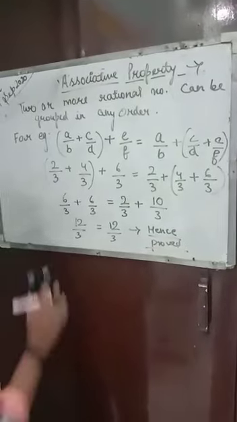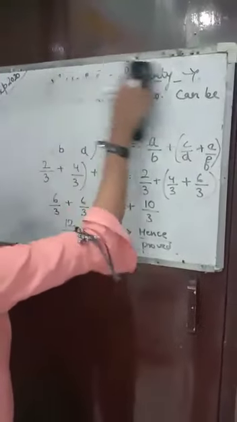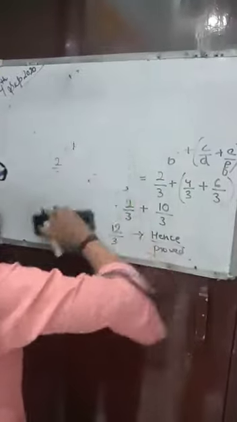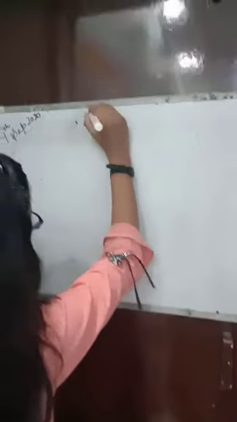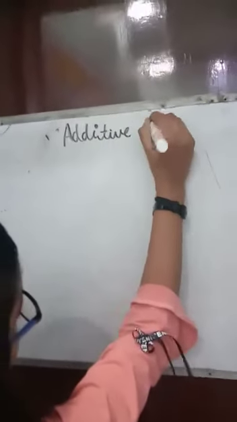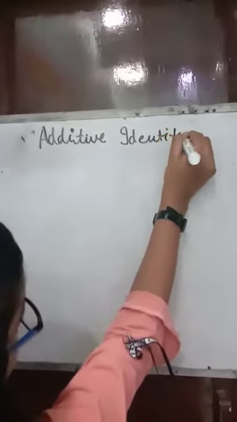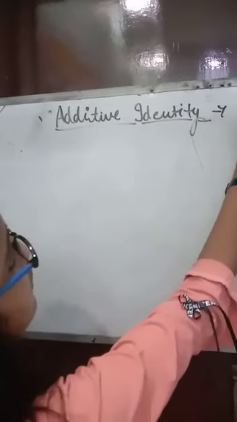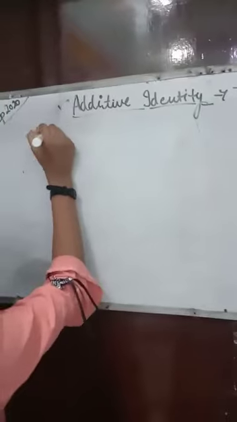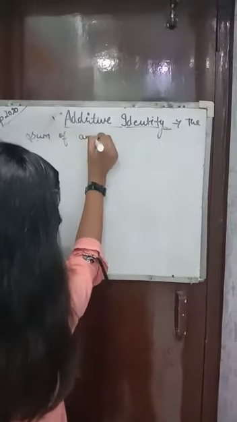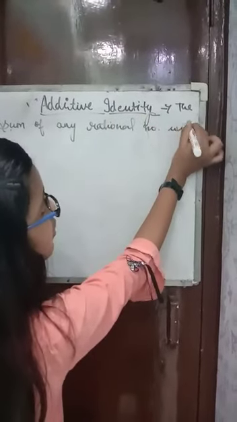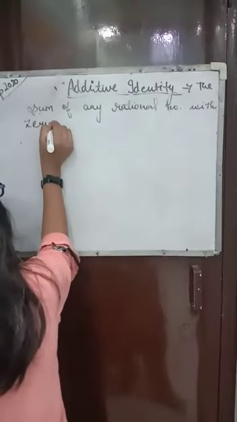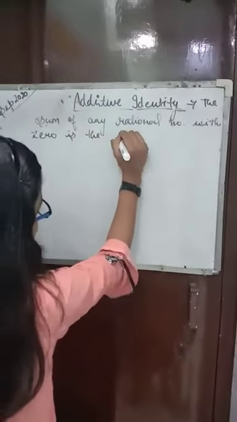Now the fourth property, which is additive identity. Additive identity says that the sum of any rational number with 0 is the rational number itself.